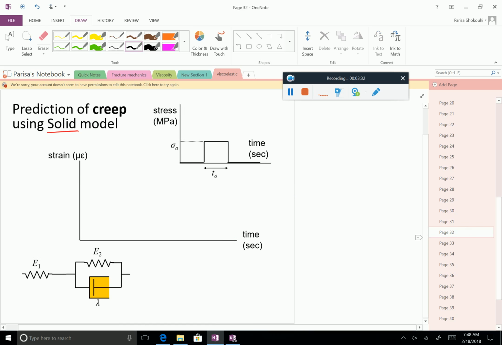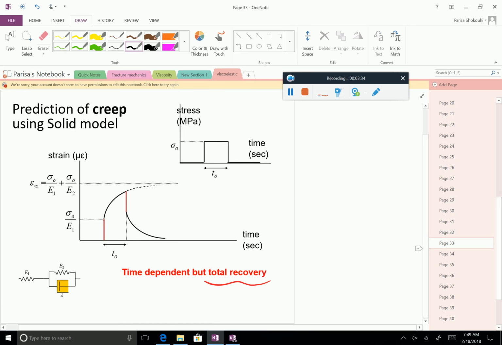And here we have some initial instantaneous deformation, then delayed deformation, and if you remove the load, the instantaneous deformation is recovered, and then you have a delayed recovery. Here again you have full recovery.